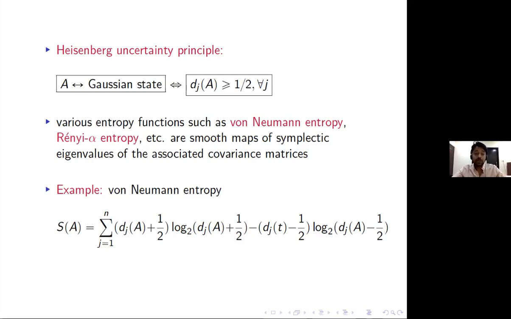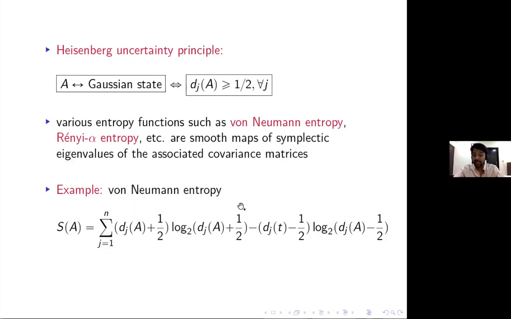And there are also various entropy functions associated with Gaussian states, such as von Neumann entropy, Rényi alpha entropy, and so on, which turn out to be smooth maps of symplectic eigenvalues of the associated covariance matrices. These entropy functions give various useful properties associated with Gaussian states, such as their degree of entanglement and degree of mixedness.